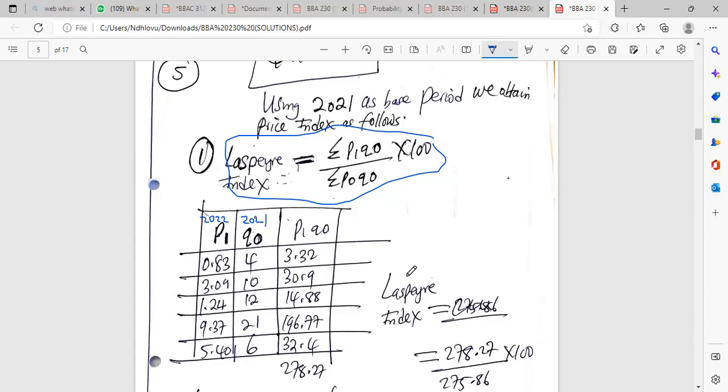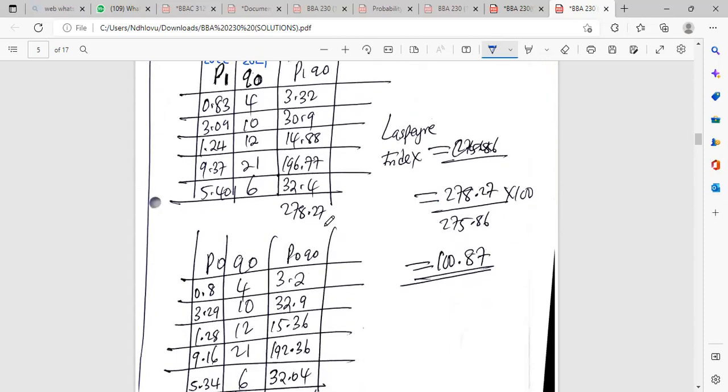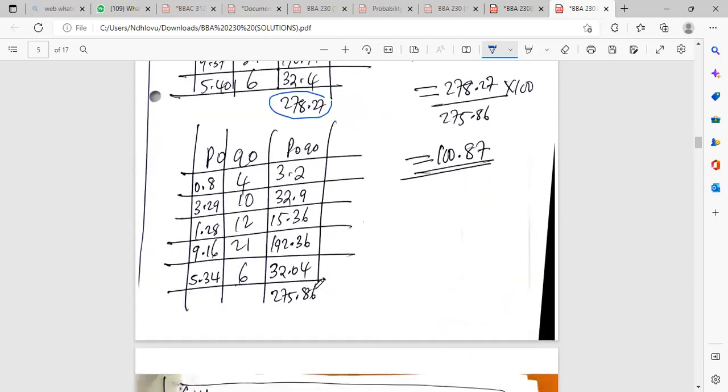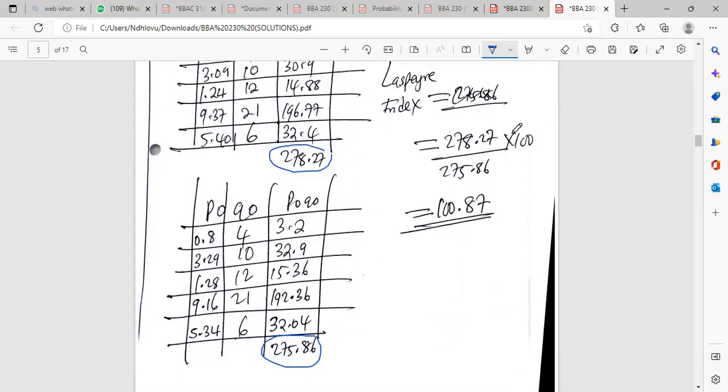Then you can substitute here and get the values for each. Then we are getting 278.27. Then the Q0 P0 for the denominator, we get 275.86. Then we substitute here, and we find 100.87 on the Laspeyres price index.